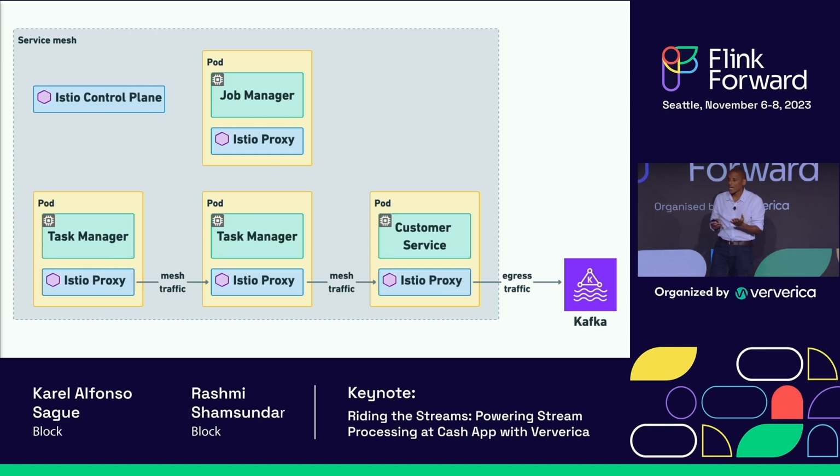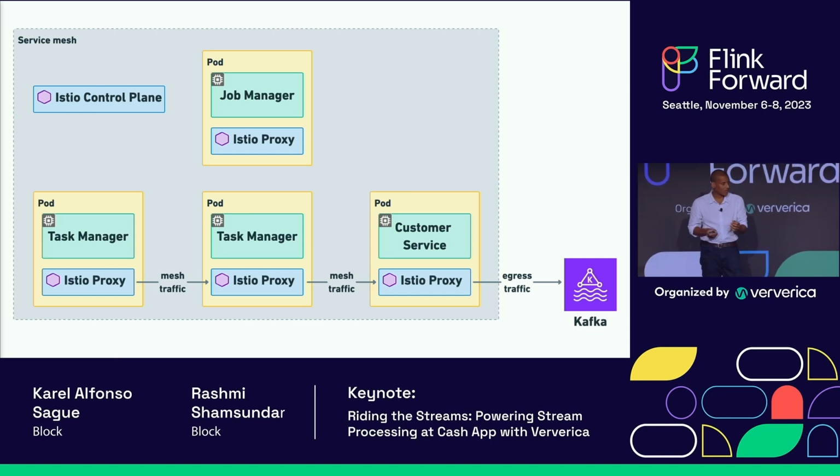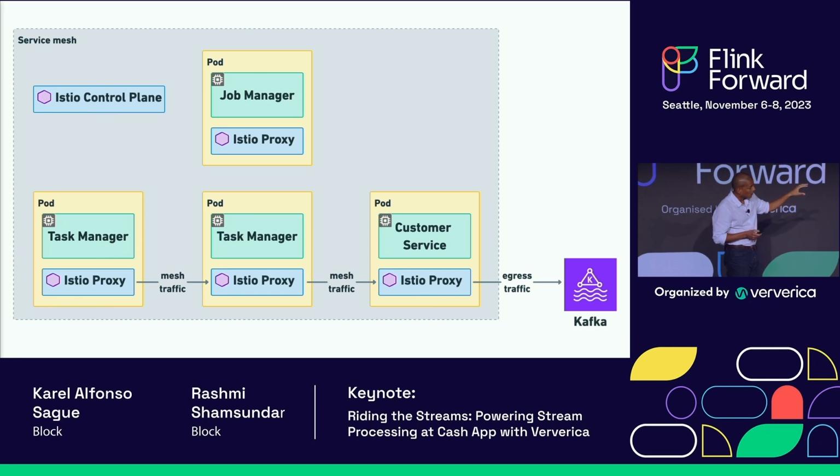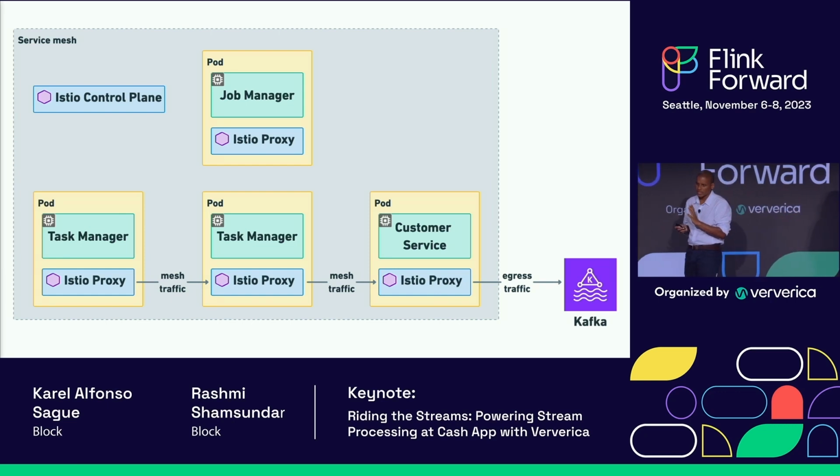It is a deployment architecture in which the main processes communicate with each other and the external world via a proxy process. At Cache, we're using Istio, which is one of the many solutions for service meshes out there. So in this case, the pods, which contain the task manager and the job manager, use Istio to communicate with each other and also with the external services.